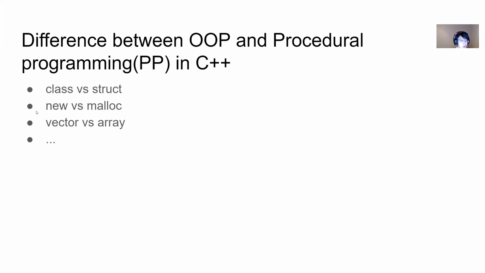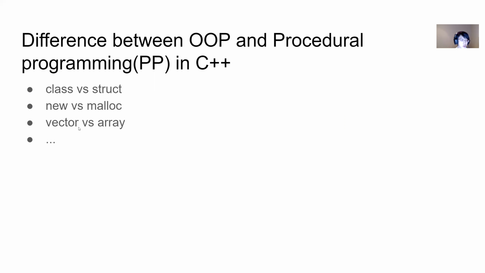And the second one is new versus malloc. It is the same in memory too, with some differences, but it's not the most important. The next one, the important one, is vector versus array. For the memory, they are quite different in real projects.